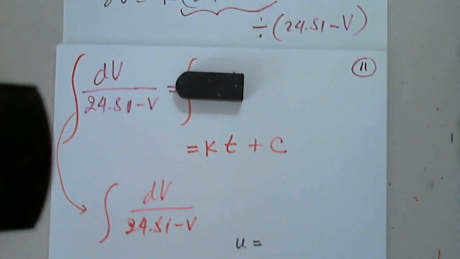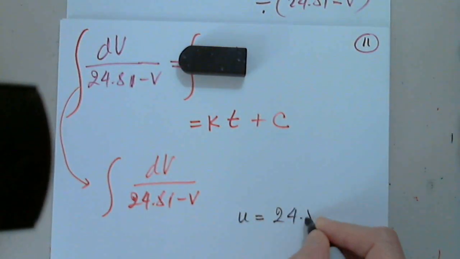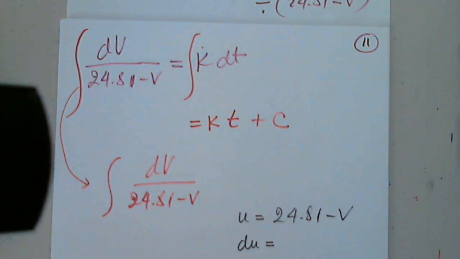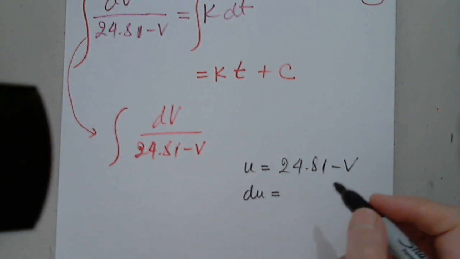Let u be 24.81 minus v, exactly. Careful with du. How much is du? It will be negative dv.